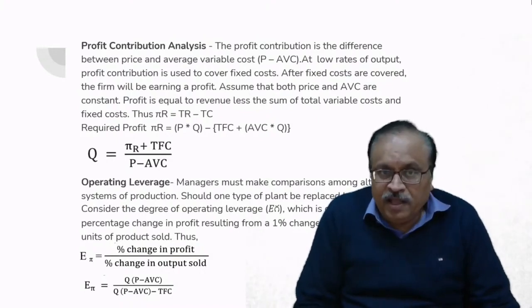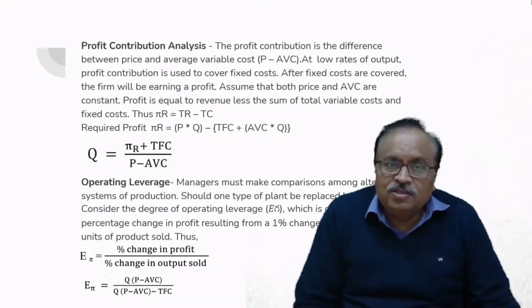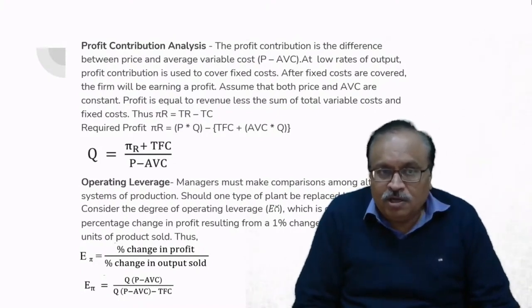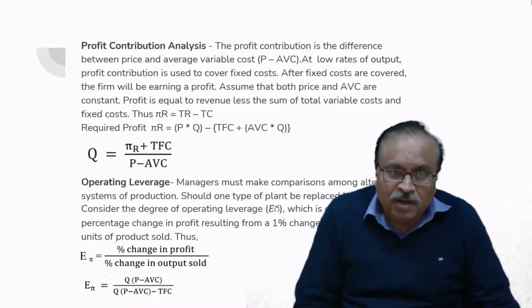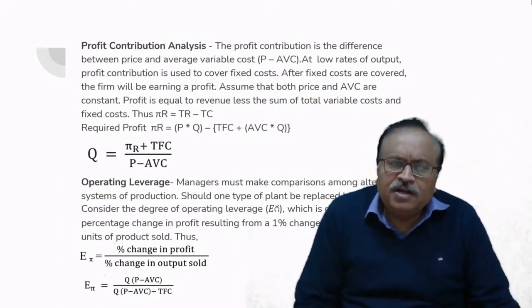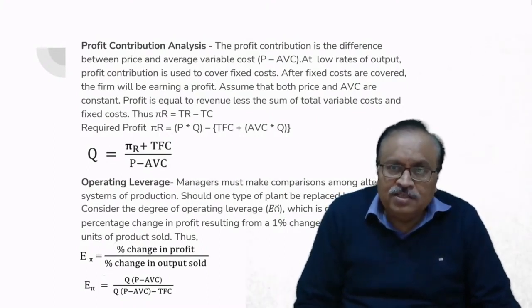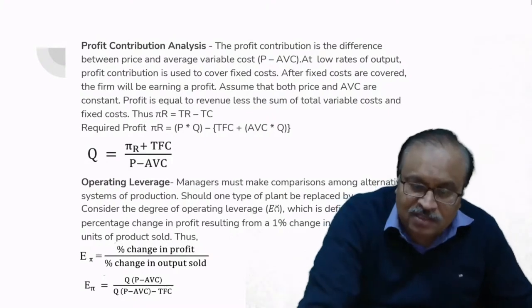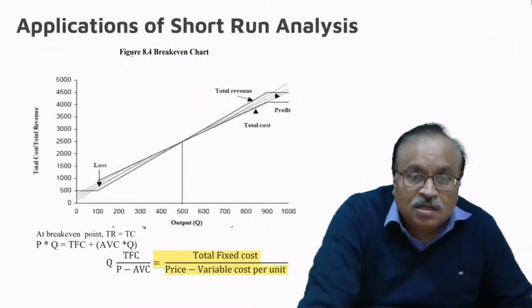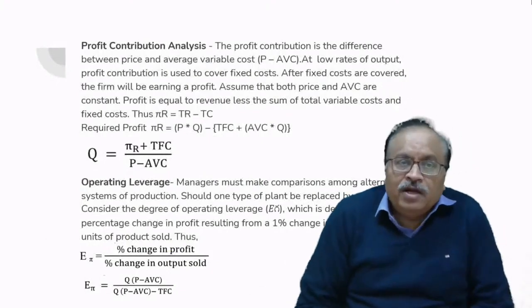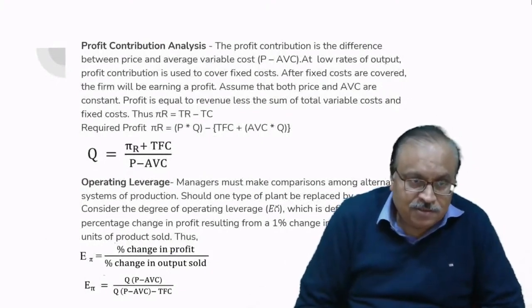Thus, π is equal to total revenue minus total cost. So the quantity will be determined as Q is equal to π plus total fixed cost, divided by P minus average variable cost. This is how we determine the profit contribution analysis.